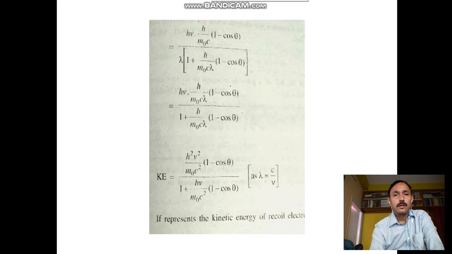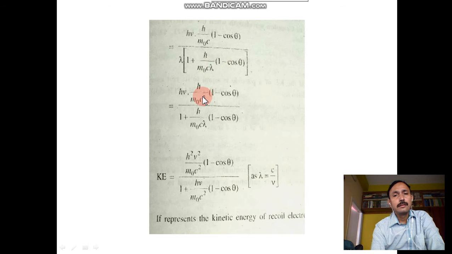Now taking lambda common in the denominator, it becomes 1 plus h by m0c lambda 1 minus cos theta. So we can write h nu into h by m0c lambda 1 minus cos theta, divided by 1 plus h by m0c lambda 1 minus cos theta.